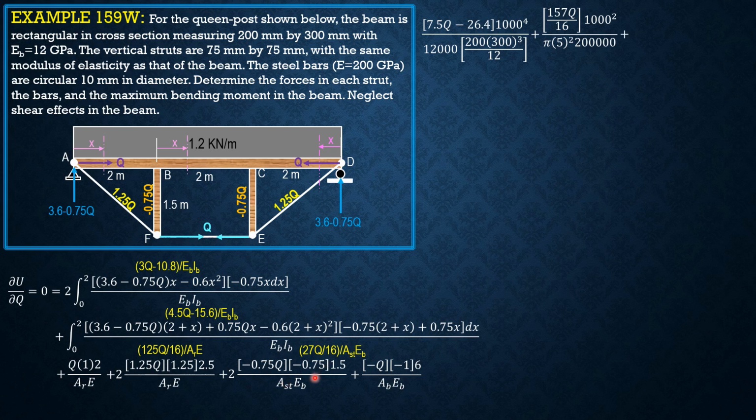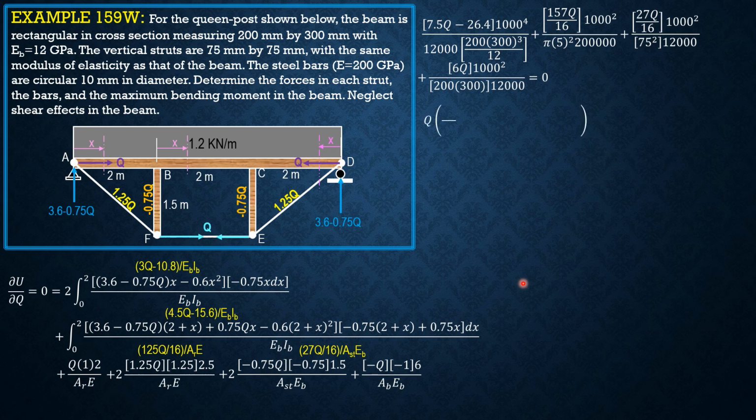Then for this alone, 27Q over 16 times 1000 squared over area of strut is 75 squared, then E of beam 12,000 megapascals, then plus 6Q times 1000 squared over area of beam, which is 200 by 300, then E of beam 12,000 equals 0.